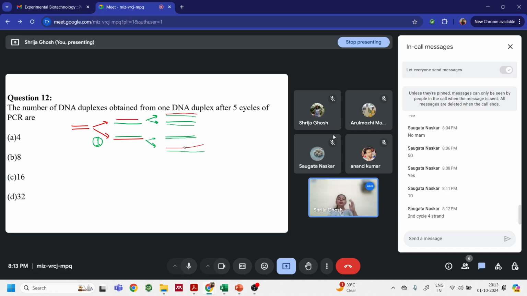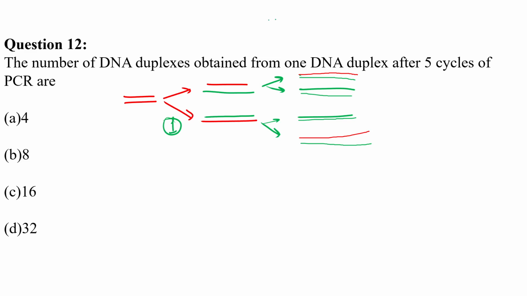So now you tell me, after the third cycle how many strands will we have? Each of these will separate into 2, so 2, 2, 2 and 2. So this is the second cycle. After the third cycle, how many strands are we going to get?